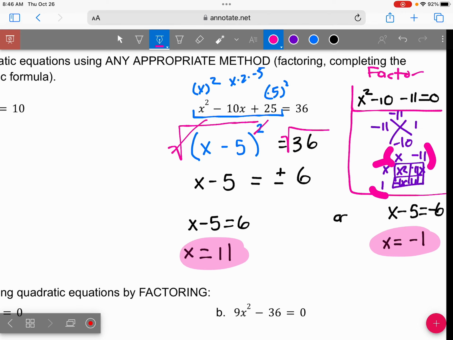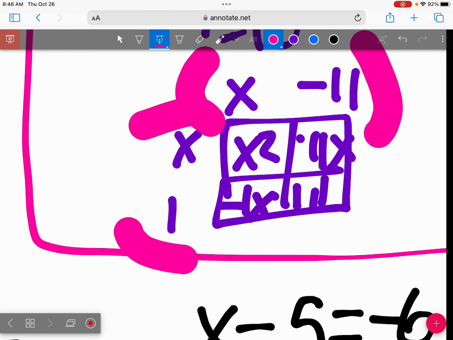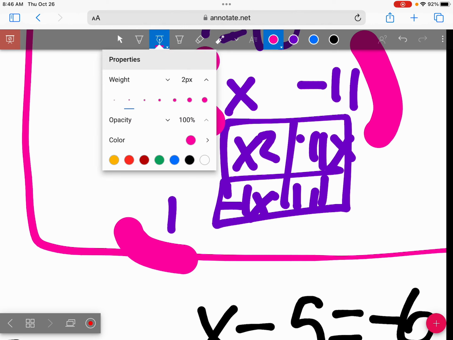Is that a 4? Oh, inside the box? No, that's a negative 11x. It's just I had about 3 pixels to write in. Is that a 1? Here, let me zoom it in so I can fix this. Let me make the pen a little bit skinnier and I'll fix it.